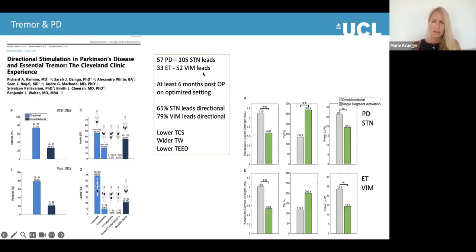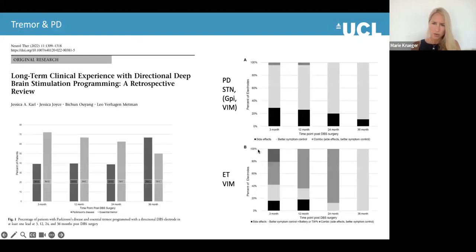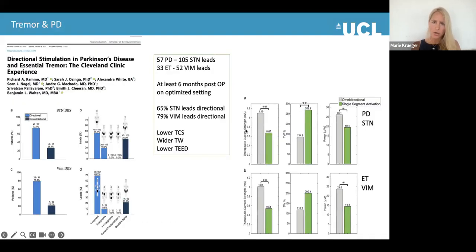And what we can see, when we look at the PD STN patients, is that the therapeutic current strength was in favor of the directional electrodes. Again, therapeutic window in favor of the directional electrodes. Again, they didn't look into UPDRS scores or anything like that.